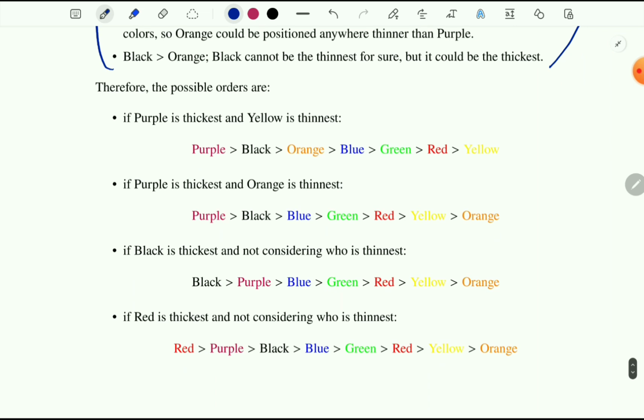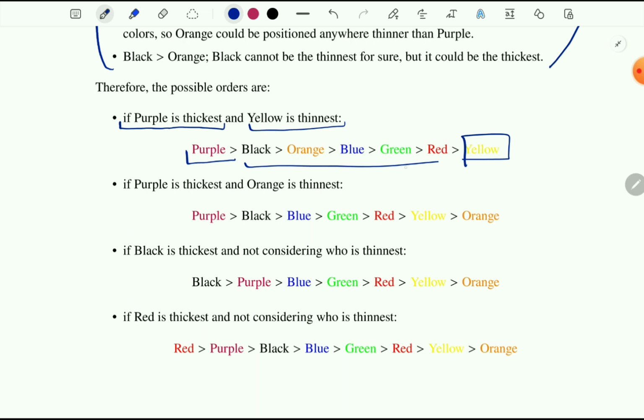Here are the possible combinations and arrangements that we can make. Let's read all of them. If purple is the thickest, let's fix the purple here, and yellow is the thinnest. Yellow we choose here as the thinnest one, and the others we arrange this way. So this is our first combination.